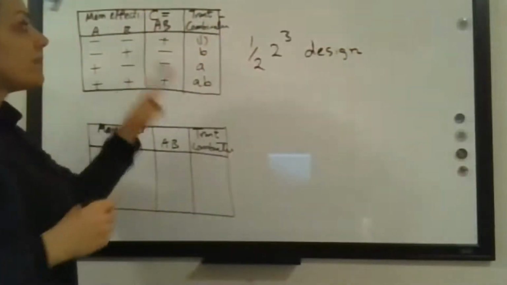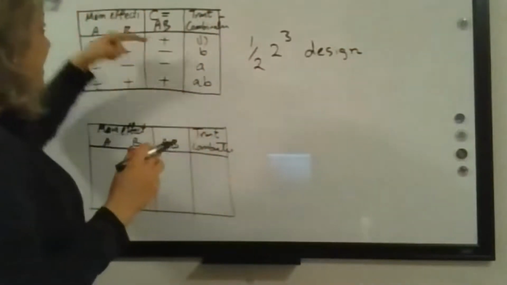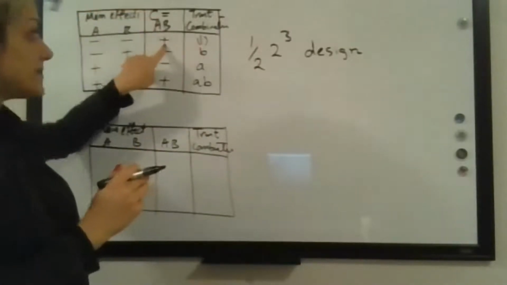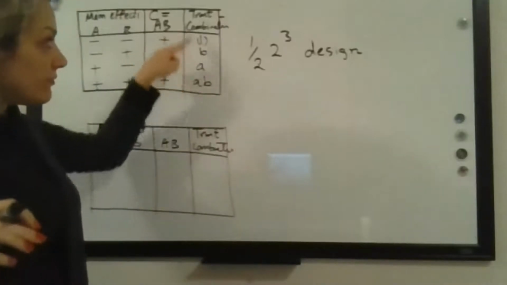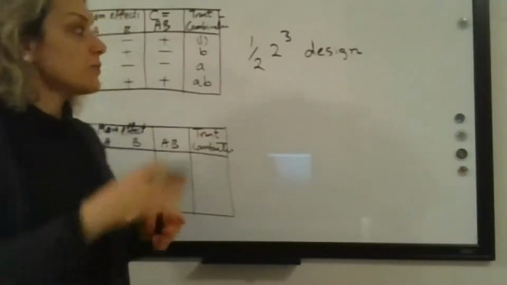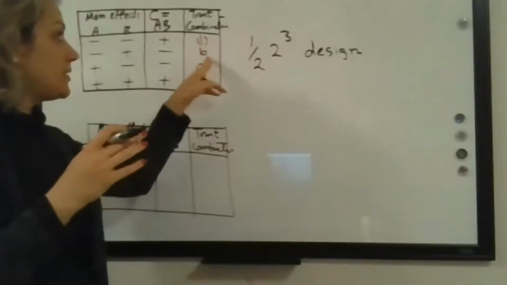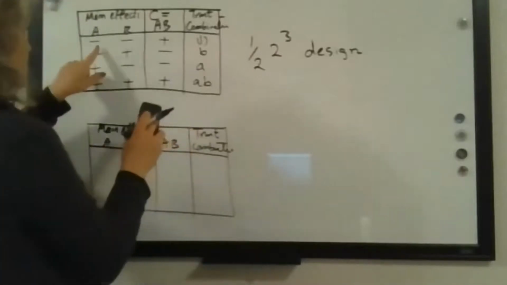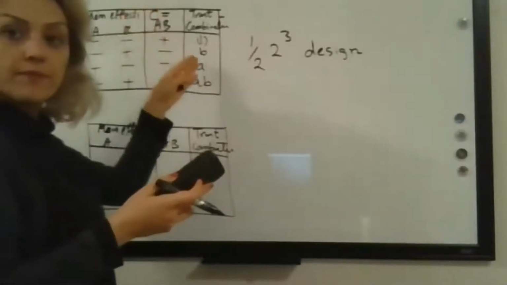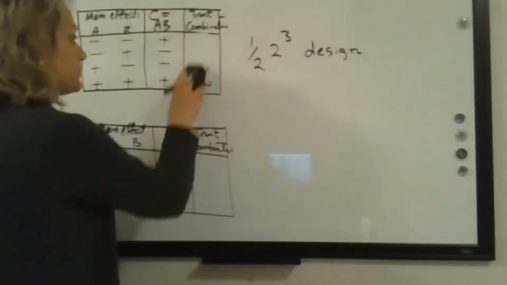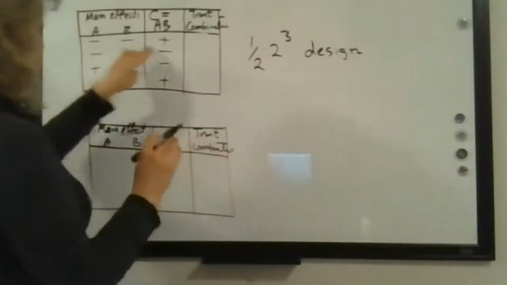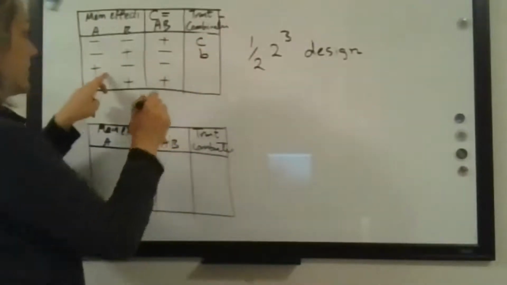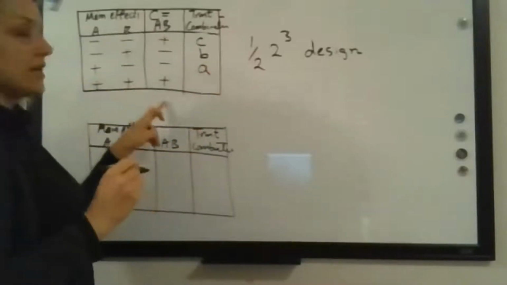When we look at it here, instead of AB, I put down C. So here I have C as a positive one, and whatever we have here is going to change. Before, for the full one, we had 1, B, A, and AB. But here, this one is C, right? I would write down C, and then B, negative, negative, positive, A. And for this one, it's going to be ABC.